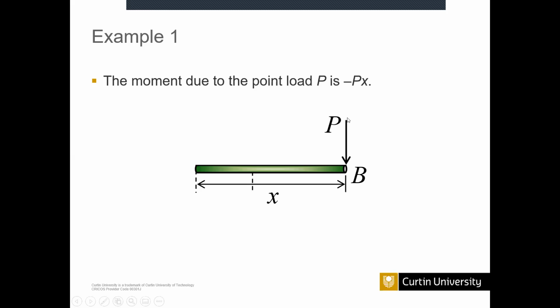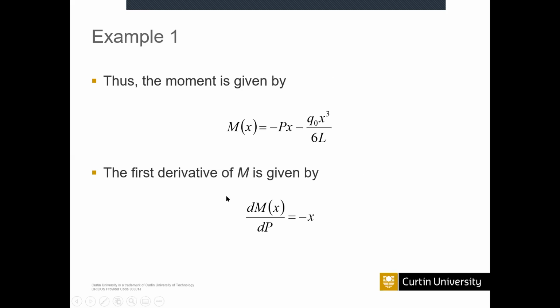The Castigliano theorem explains that if you want the deflection at some point, you need to use a load at that point in the required direction. There is already a point load applied downward, so no worries, you can use that P load.